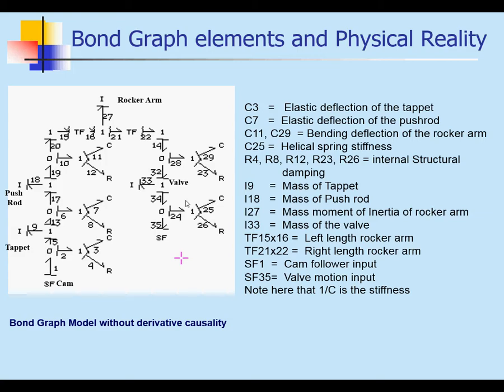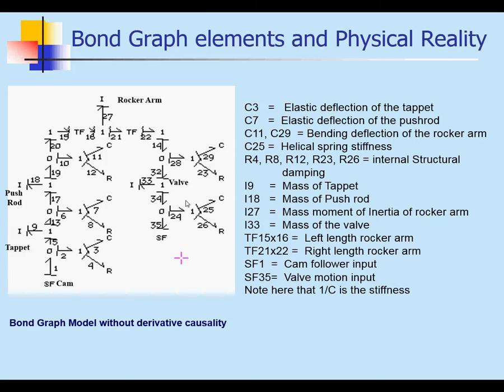I9 is the mass of the tappet, I18 the mass of the push rod, I27 the mass moment of inertia of the rocker arm, I33 the mass of the valve, and TF15, 16 and TF21, 22 are the transformations between the velocity at the extreme of the bar and the center angular velocity.